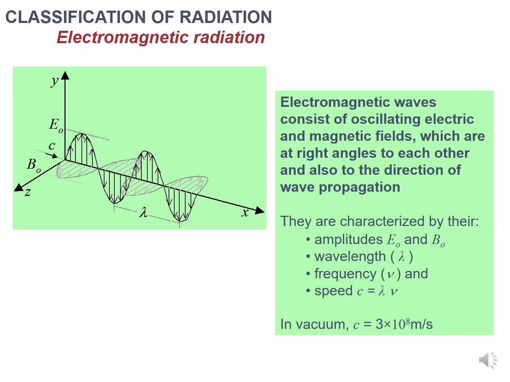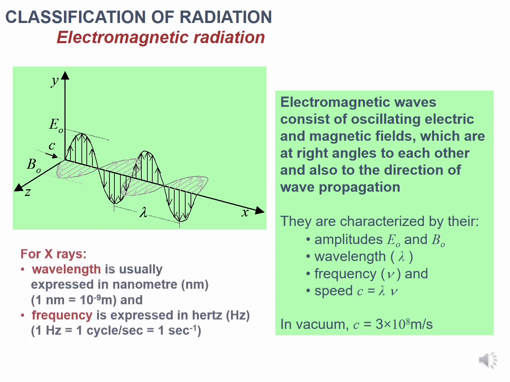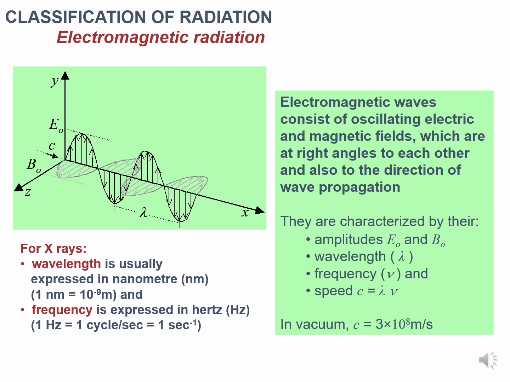These are characterized by their amplitude, which is the intensity defined by the height of the wave; wavelength, which refers to the distance between successive crests of waves; frequency, which is the number of wave oscillations per unit of time and expressed in cycles per second or in hertz; and speed, which is equivalent to the speed of light. For X-rays, wavelength is expressed in nanometers while frequency is expressed in hertz.